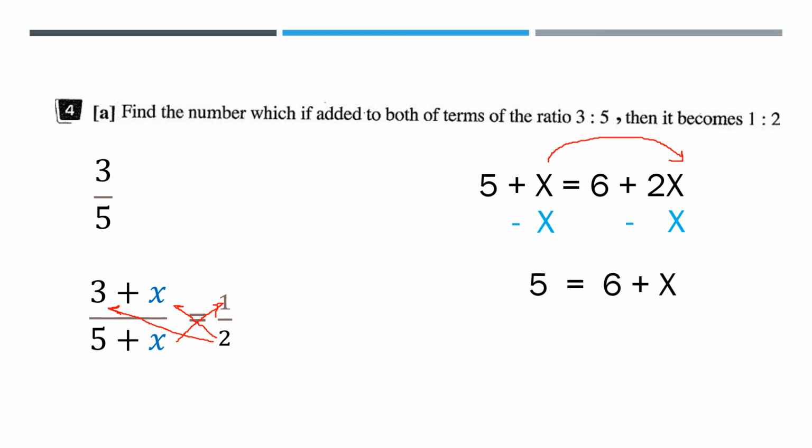This gives 5 on the left hand side and 6 plus x on the right hand side. We still want to move the 6 to the other side with a negative sign, or we will add negative 6 to both the sides. This gives negative 1 on the left hand side and x on the right hand side, which is the answer.